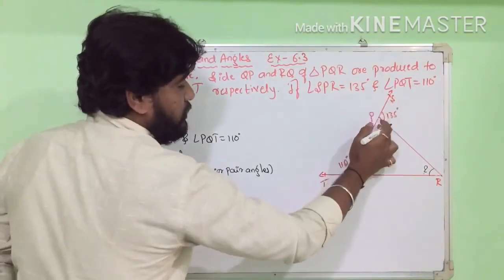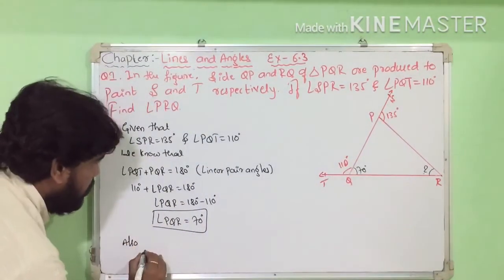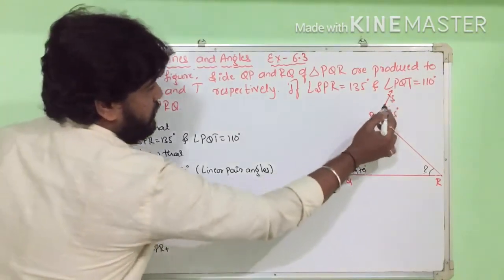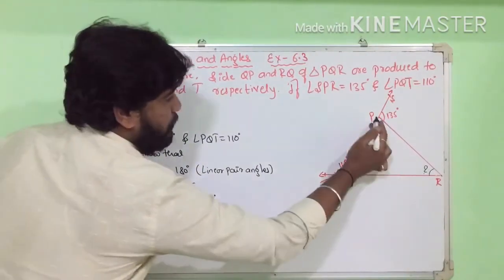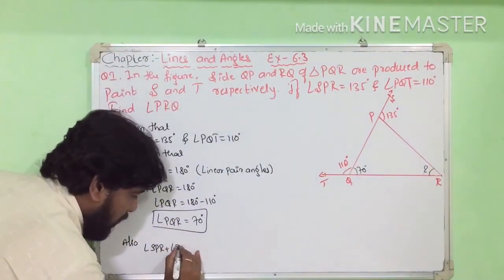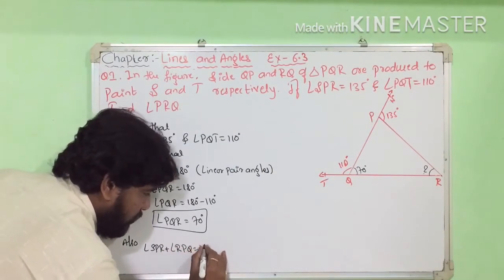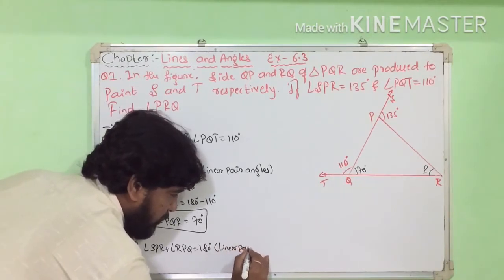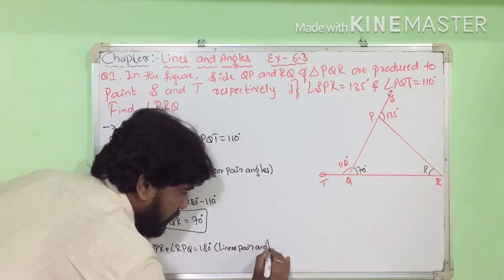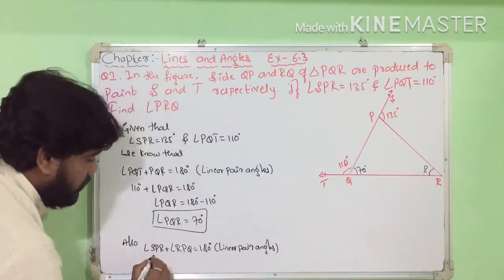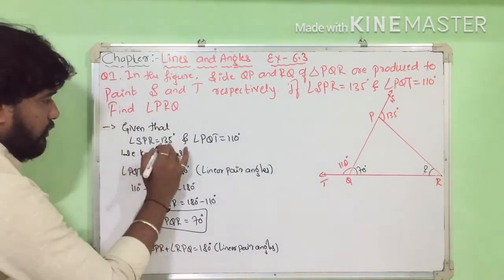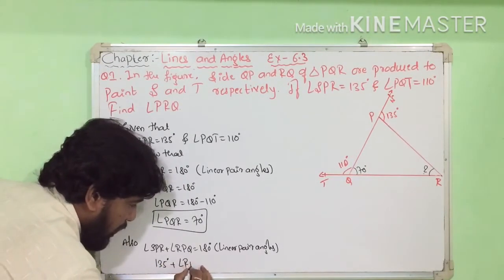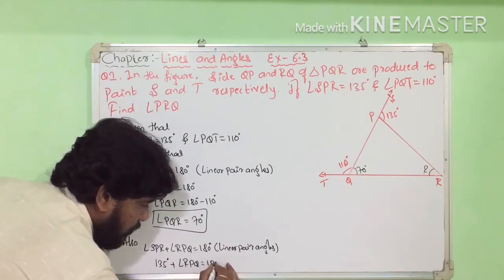Now similarly, the sum of these two angles is 180, a linear pair, right? So write down angle SPR and angle RPQ. Angle SPR plus angle RPQ is equal to 180, linear pair angles, right? We know angle SPR is 135, plus angle RPQ is equal to 180.